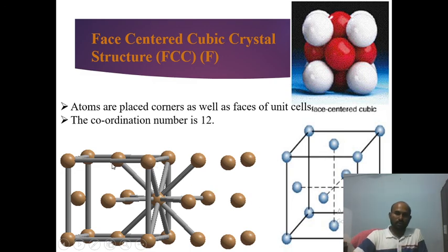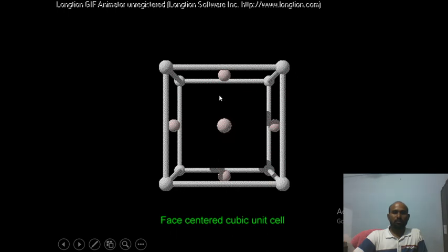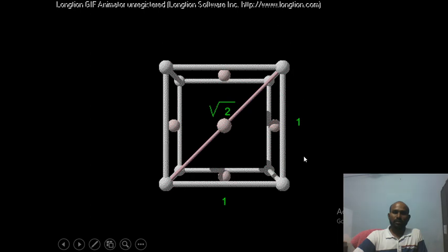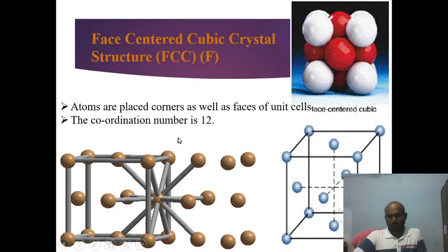Look here, atoms are placed at faces. This is the 3D diagram, and the coordination number is 12. How does it form? Look here, this atom, corner 4, 5, 6, 7, 8, and that is 4, making 12.